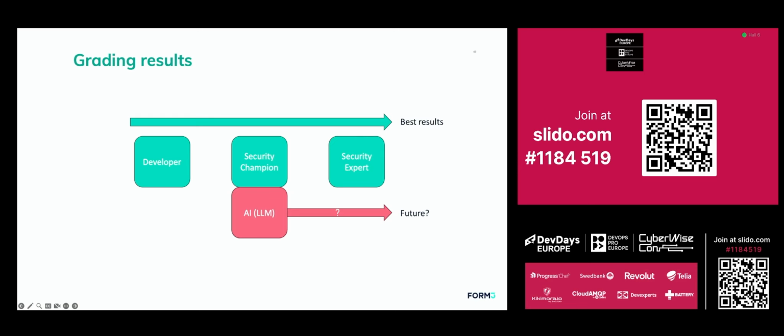There is a security champion, a person that was trained in security but is still doing development. And there are security experts, like me. And then there is this LLM that I presented to you. I think that this is on the level of the security champion. So it's not bad or anything. It's not exceptionally good.